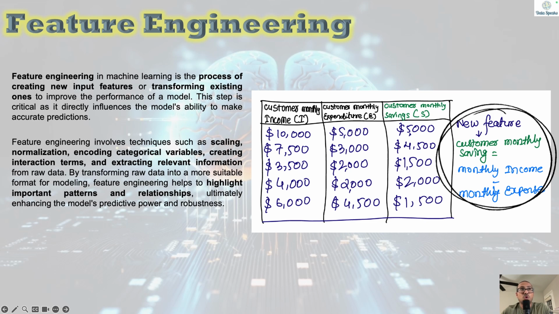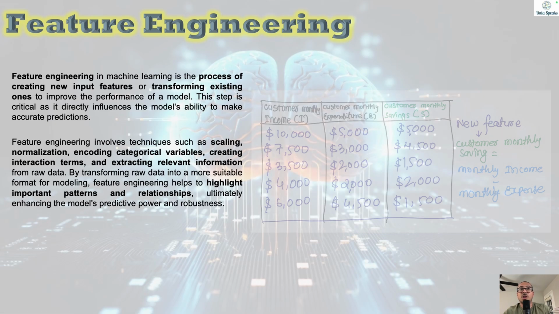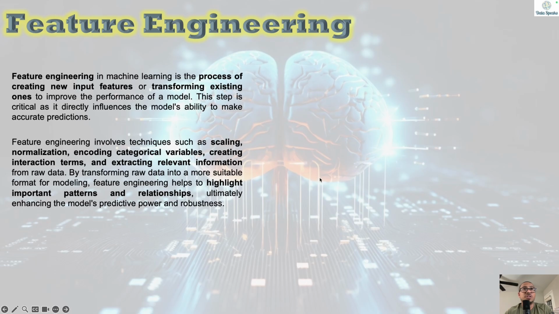Now you can perform the aggregation method by subtracting the expenses from income. You will get savings, and by that you will understand if the customer can afford a certain product of your company or not. That's one of the techniques of feature engineering, and there can be many different ways that you can perform feature engineering. I just tried to provide a simple example.